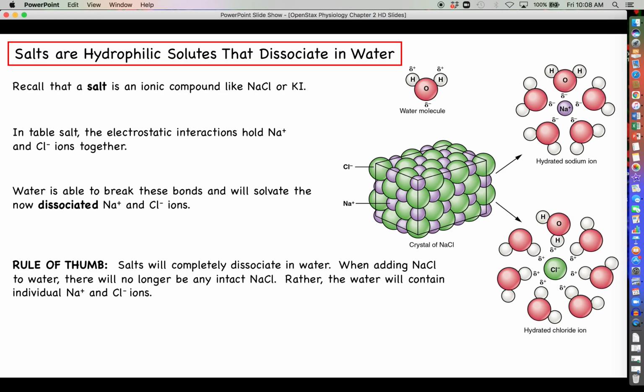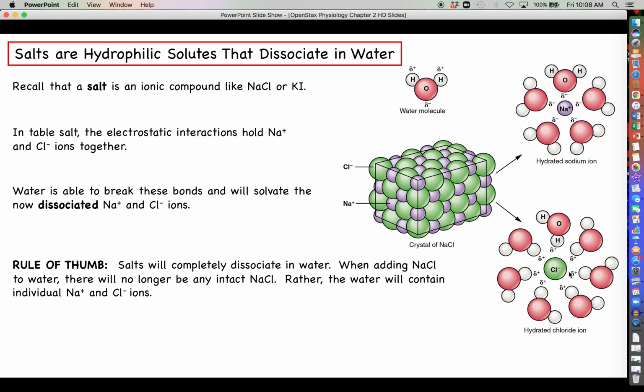The pictures here also paint a representation of how water is able to do this. Sodium, on the one hand, of course, carries a +1 electrical charge, so the partially negative oxygen atoms of individual water molecules are able to surround and solvate those sodium ions.